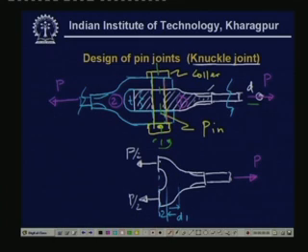So therefore the average stress along this section will be P divided by the total area.